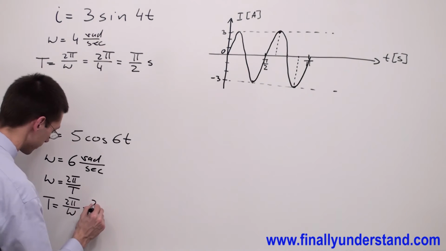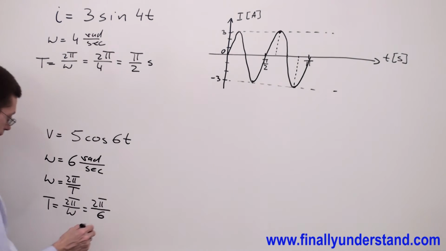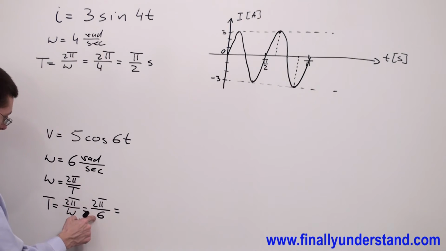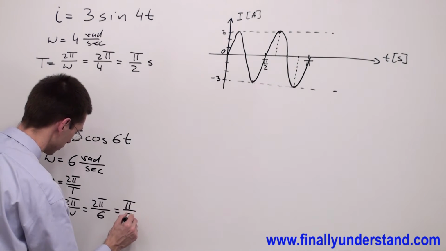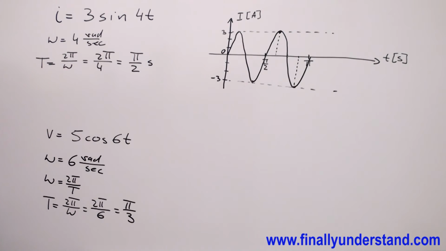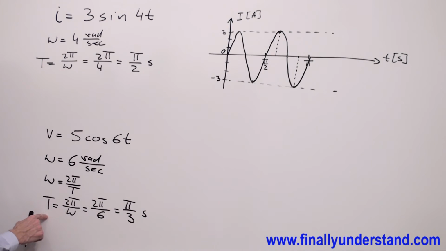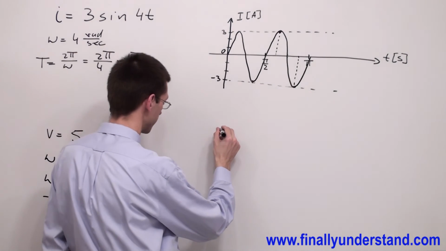2 pi over 6 is equal, remember, we can reduce 2 and 6 by 2, is equal to pi over 3. Of course, seconds, because this time I'm looking for time. Now I can draw the graph.